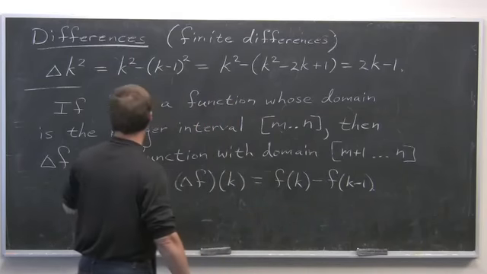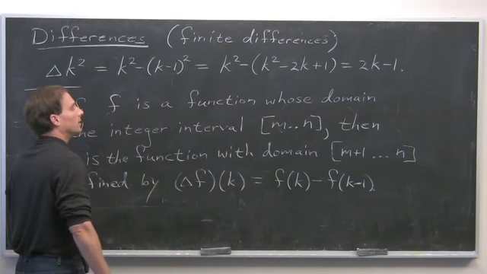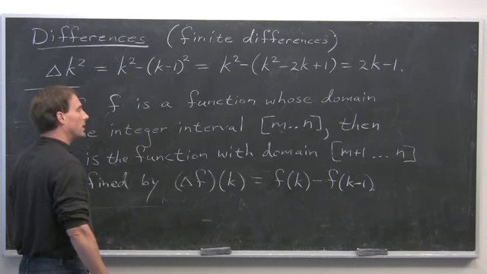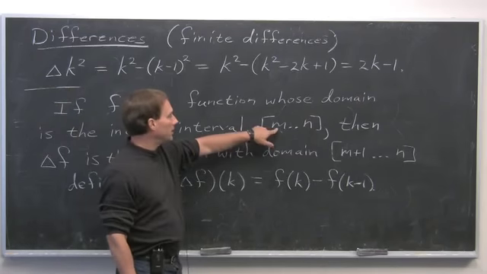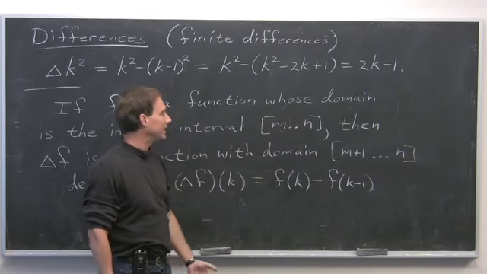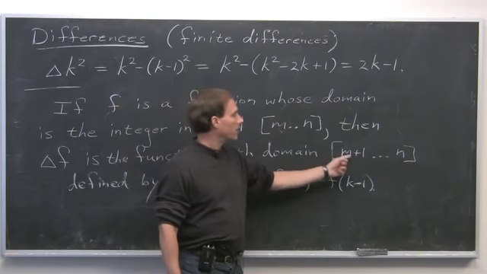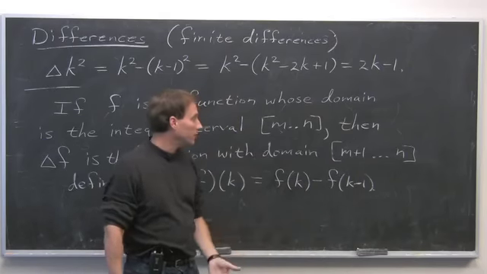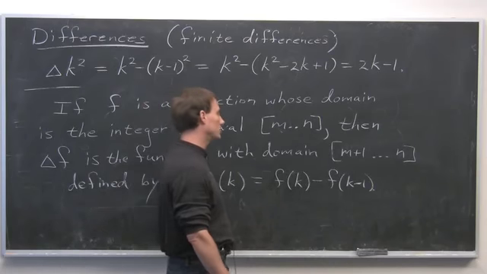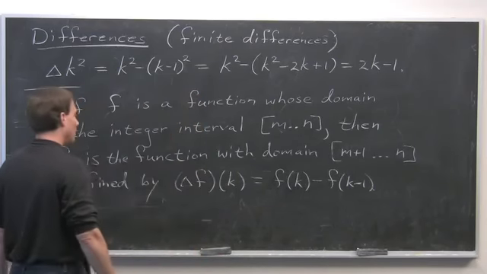And we're not assuming f is defined at m minus 1. I should say that if m is negative infinity, so we mean all the integers less than or equal to n, then we're thinking of negative infinity plus 1 as still being negative infinity, so that the domain of the new function would also be all the integers less than or equal to n.